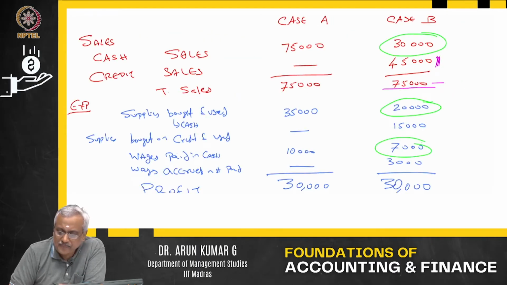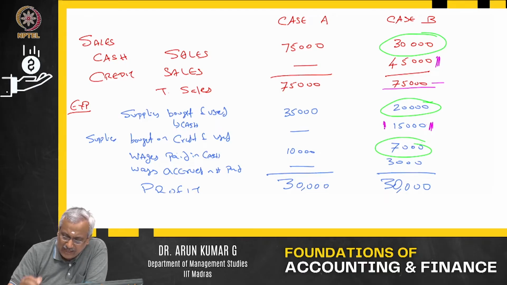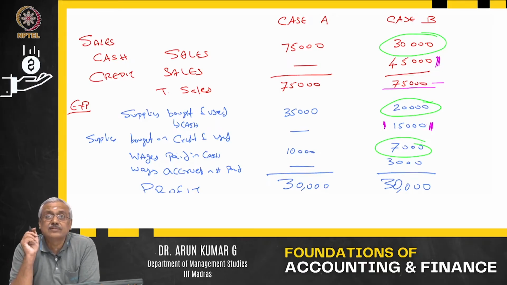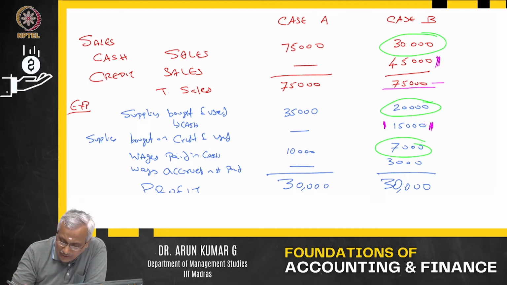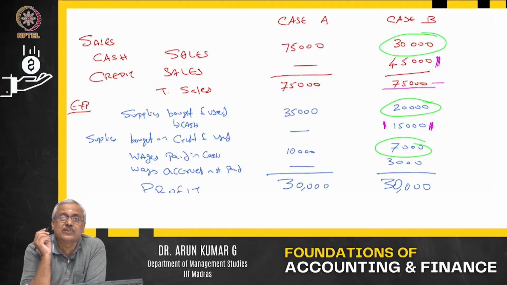Now I go back. When I got this 30,000 profit, I have included this 15,000 of credit purchase that I made as an expenditure. But actually, has the cash gone out? The cash has not gone out. I have included that 15,000 as an expenditure, but has the cash gone out? No, cash has not gone out to that 15,000.